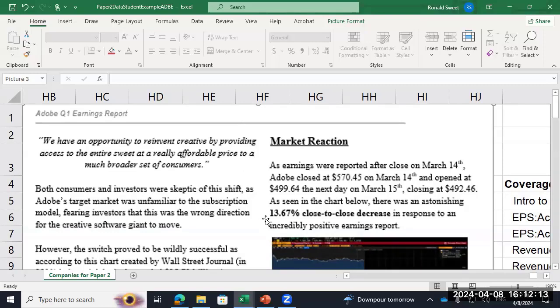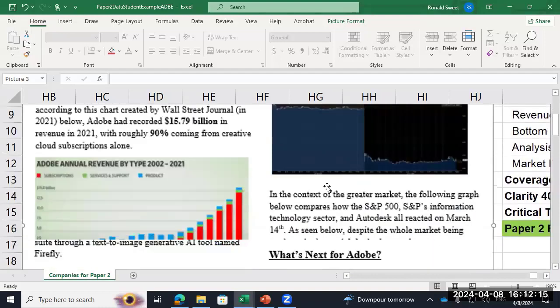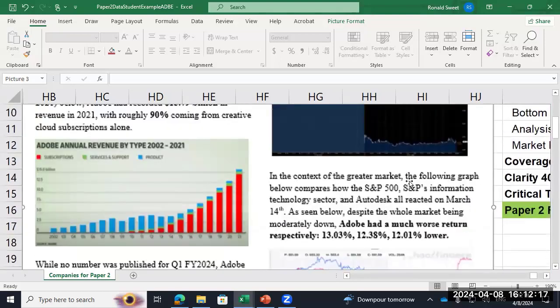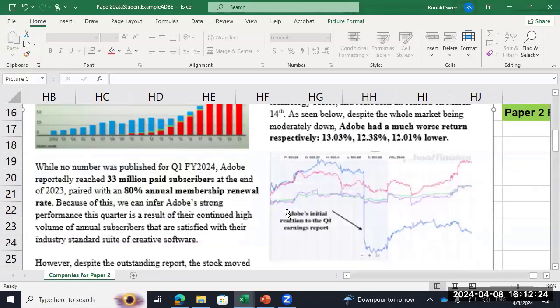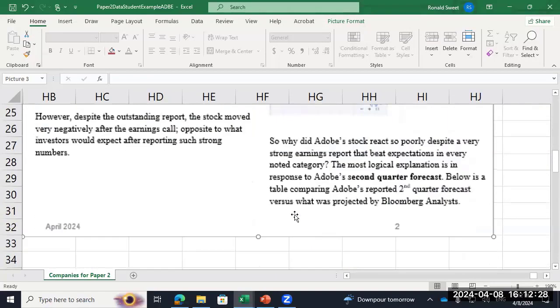You can do the one I gave you, or you can create your own. In context, the greater market falling, the graph below compares how the S&P did versus the stock. So he created his own graph here. So why did Adobe fall? So he's going to explain it. Below is a table comparing reported.